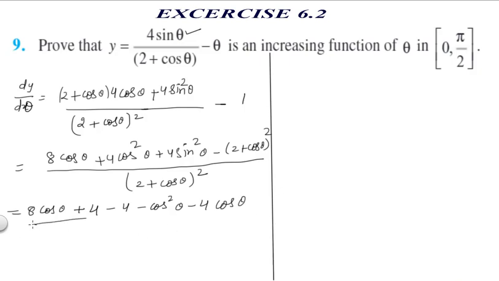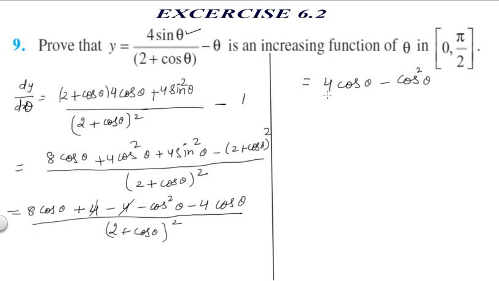In the denominator we have the same term, 2 plus cos theta whole square. So what we will get is 8 cos theta minus 4 cos theta is 4 cos theta. Correct. 4 and 4 are getting cancelled here. Minus cos square theta, divided by 2 plus cos theta whole square.